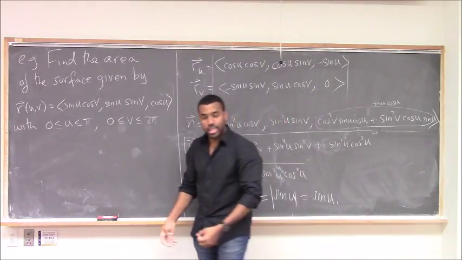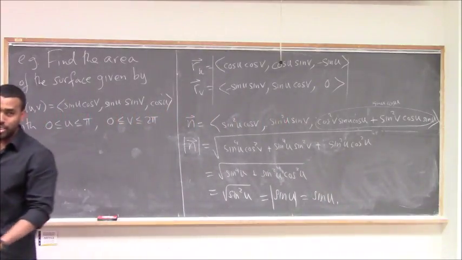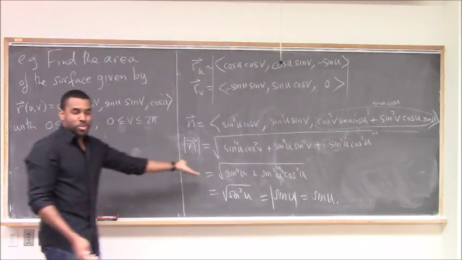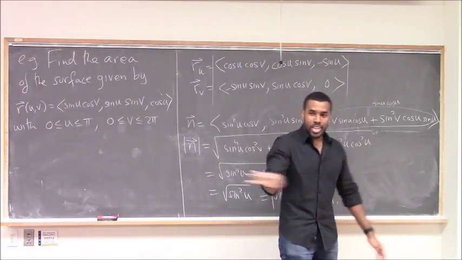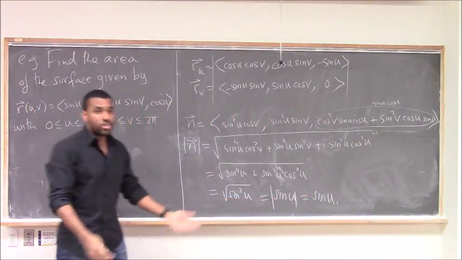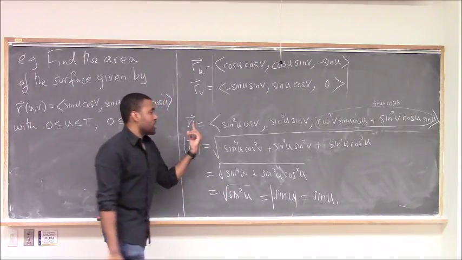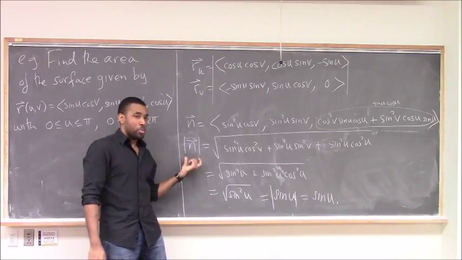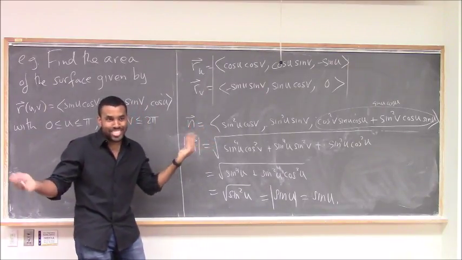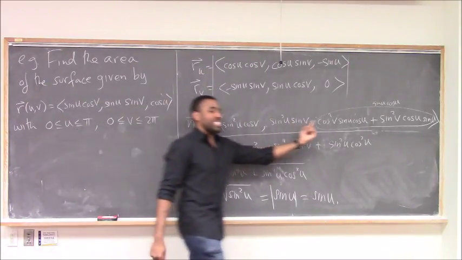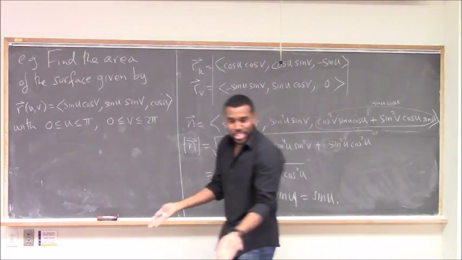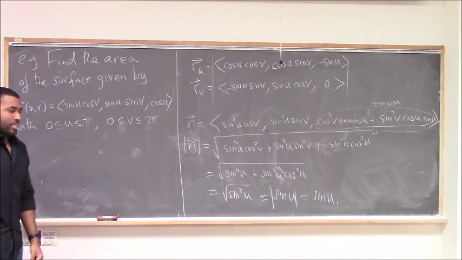If you happen to be the kind of person who likes memorizing stuff. I'm not, but if that's your thing, that's fine. If it's a situation where you don't want the magnitude of the normal, but you actually want the normal, then that's a little more complicated. You'd have to memorize this. But again, if you have a great memory, that's fine.